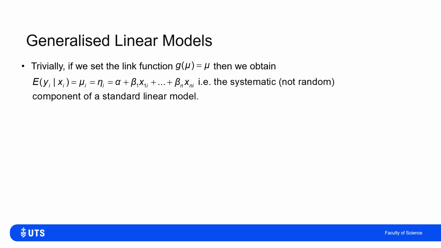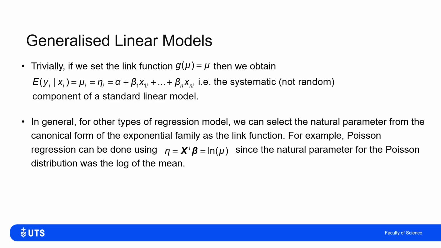If I have a link function which is just g of mu is mu, then quite easily I'll have that the expected value of yi given xi is just the systematic part of a standard linear model, so the bit that doesn't have the residual error on the end. If I'm doing something a bit more complicated, like a Poisson regression, then I know the natural parameter for Poisson is the log of the mean.